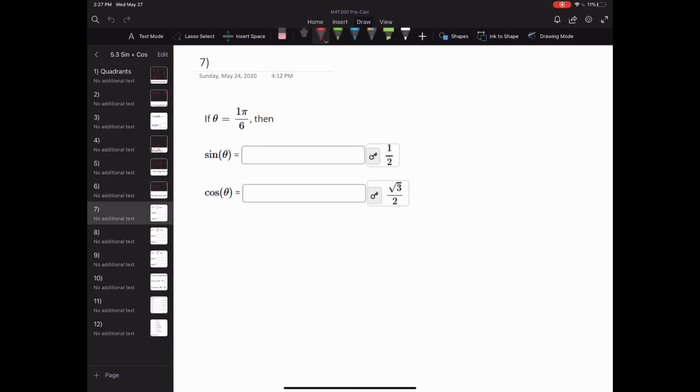If theta is pi over 6, then sine of theta is, well, let's convert pi over 6 radians to degrees. Units cancel, that cancels. 6 and 6 is 1, 6 into 180 is 30.